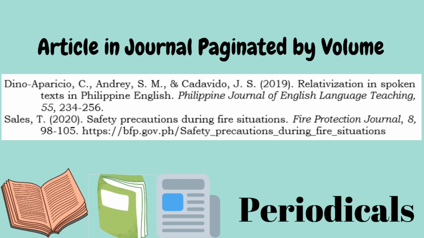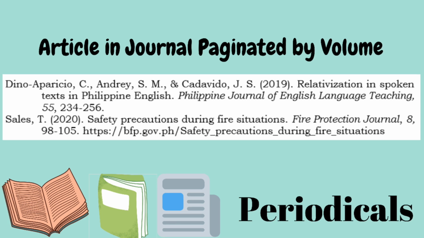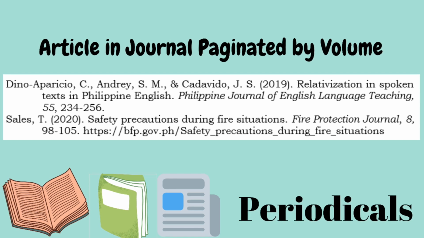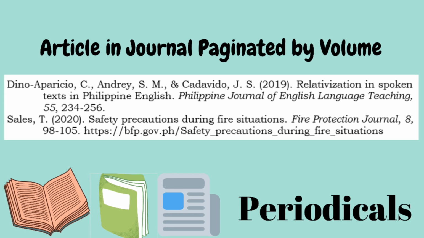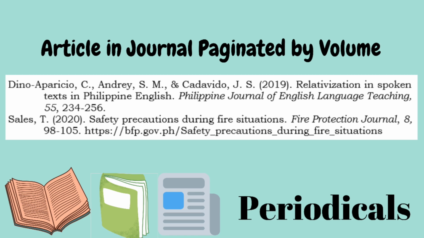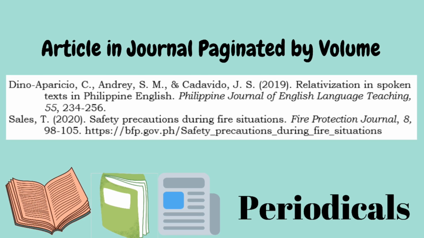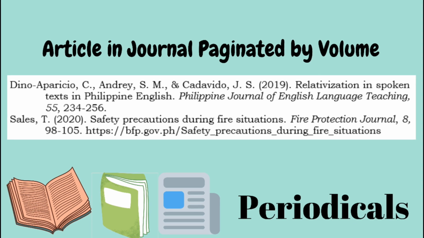So F, P, and J are all capitalized because all the words are considered important in the title, comma, write the volume number, which is 8, comma, and then write the page range. We have 98 to 105, period. Then after that, write the link or the URL.